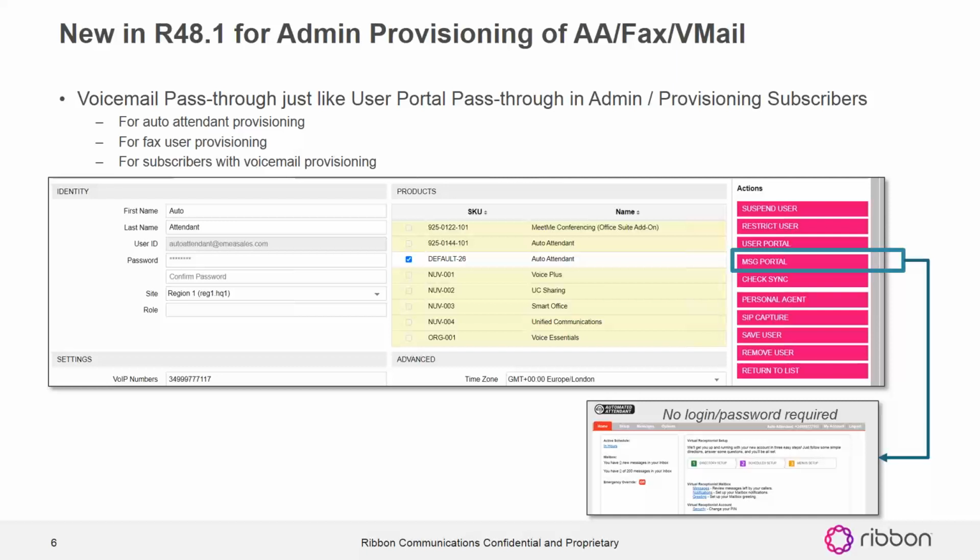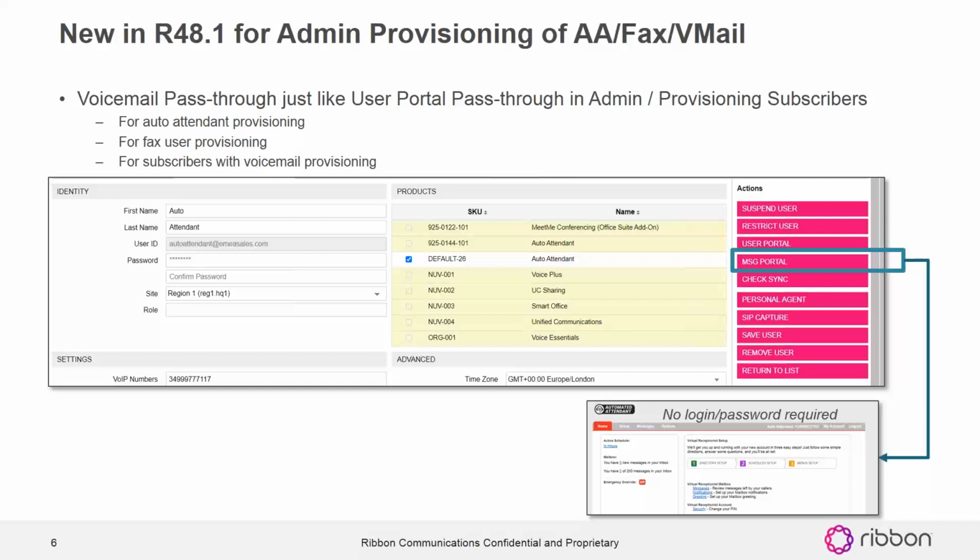What we've done is added the ability to pass through as you're provisioning this auto attendant, without having to put in a separate URL, username, and password. Instead of swivel chair provisioning, your auto attendant can be provisioned right here, okay? Yay.